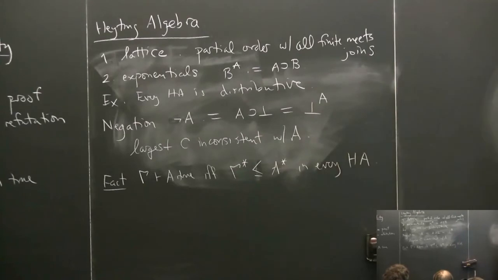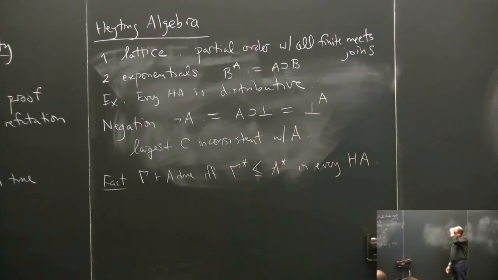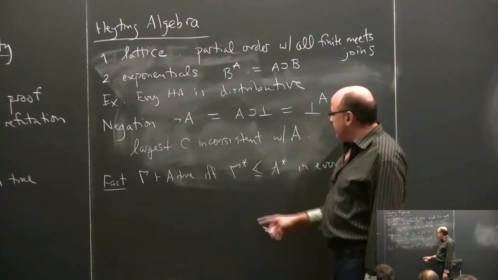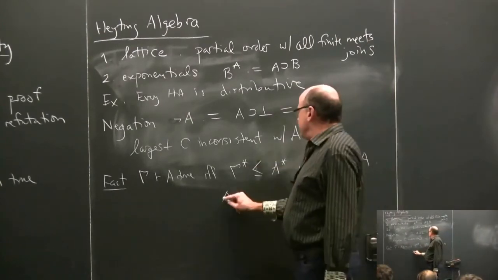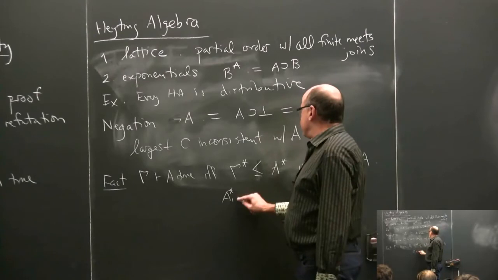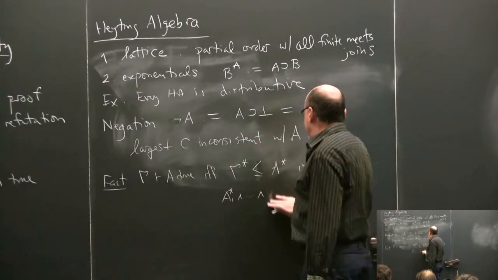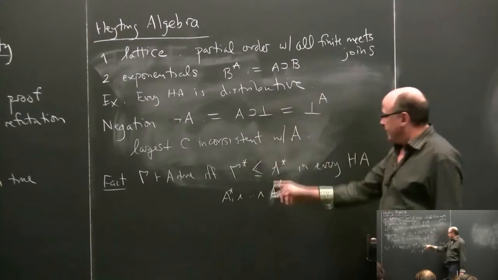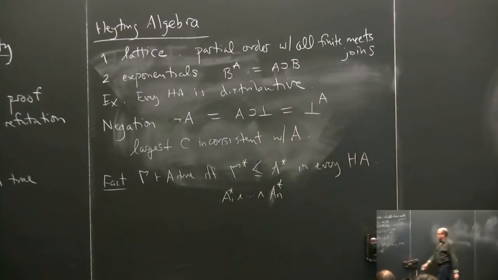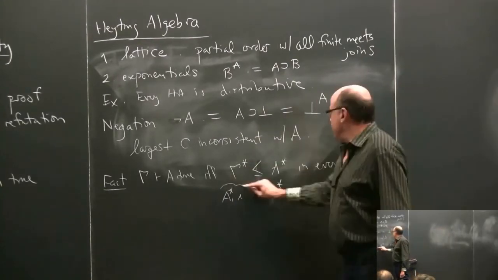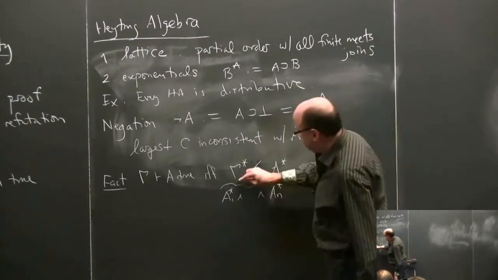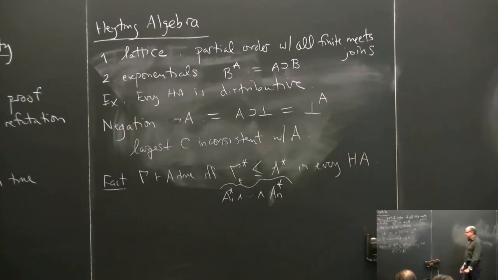This is a soundness and completeness result. The star means you take the interpretation of each of the propositions into the Heyting algebra and conjoin them on the left. This is a slight abuse of notation.